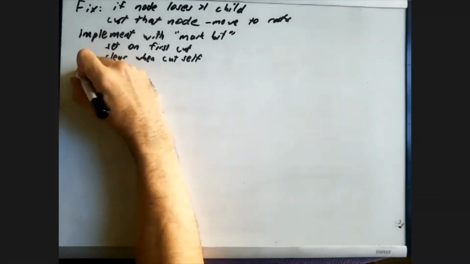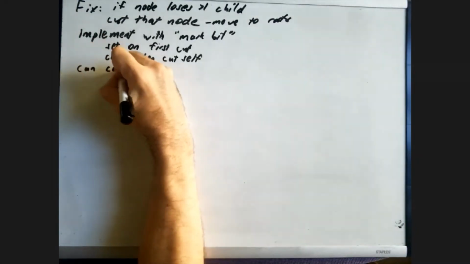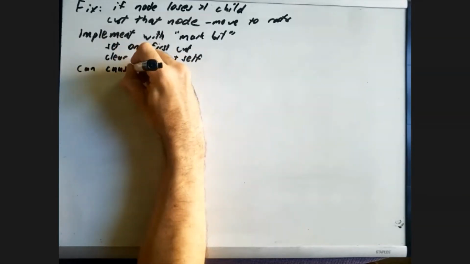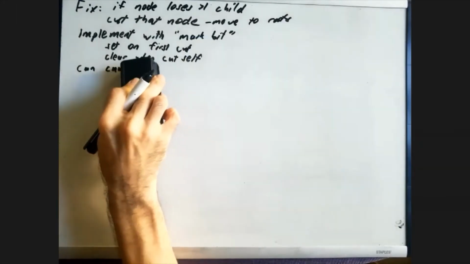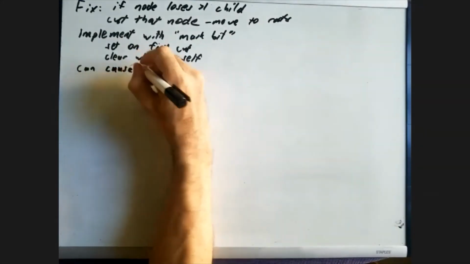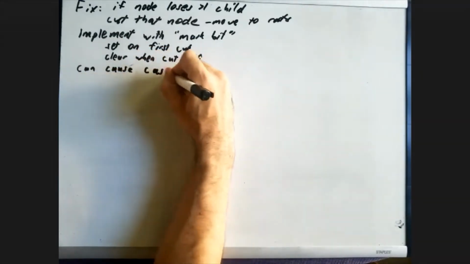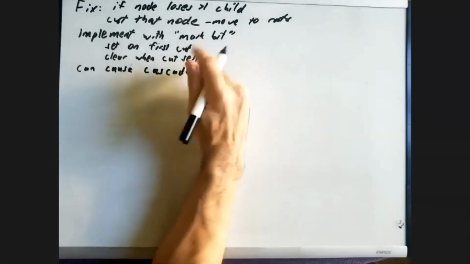But before we do, notice that our policy of removing the node when it loses a child may actually cascade, right?